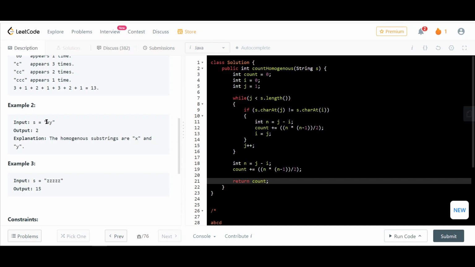We compare Y with X, they match or they don't match? They don't match. Okay, so n is 1, count is equal to 1 times... okay, so that's the problem here. This count thing does not work for length 1, is it?